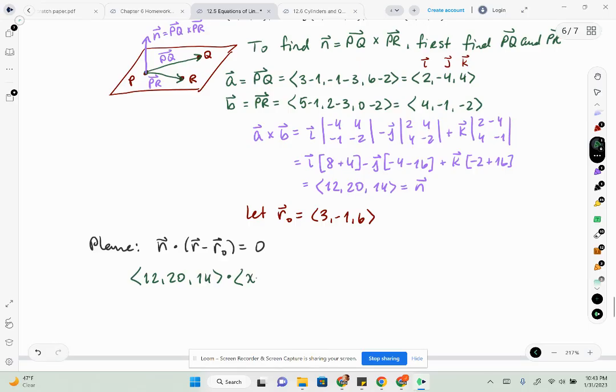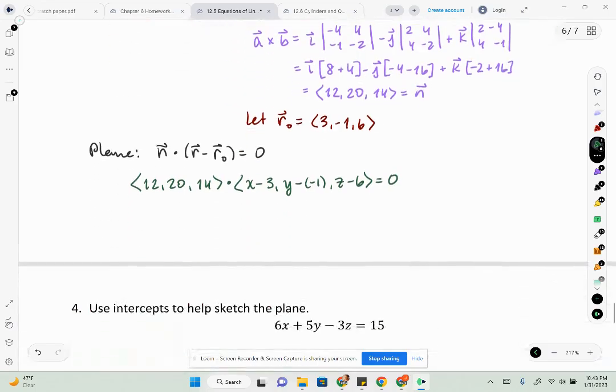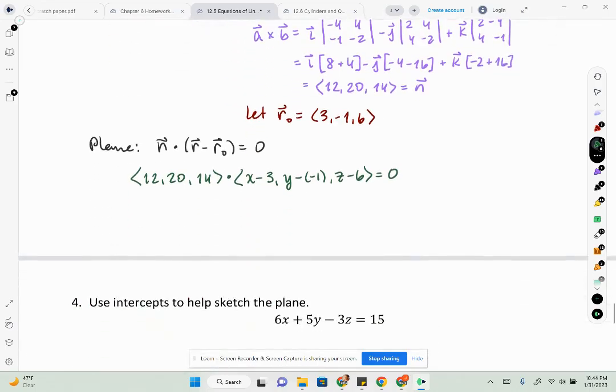The components are going to be x minus x naught, which is 3, y minus y naught, which is a negative 1, z minus z naught, which is a 6, and that should all sum to 0. We go ahead and perform the dot product. We get 12 times x minus 3 plus 20 times y plus 1 plus 14 times z minus 6 is equal to 0. Go ahead and distribute.